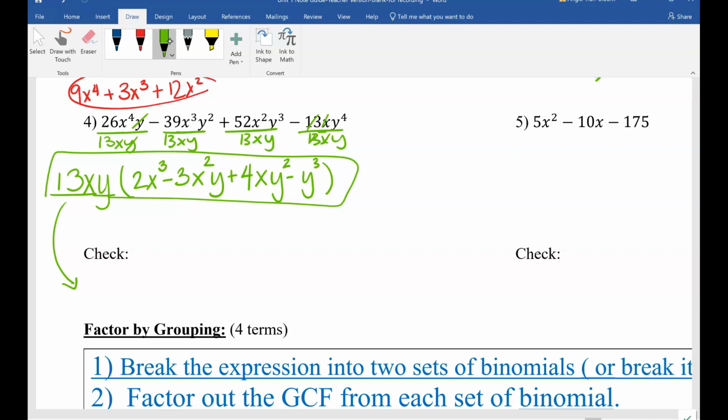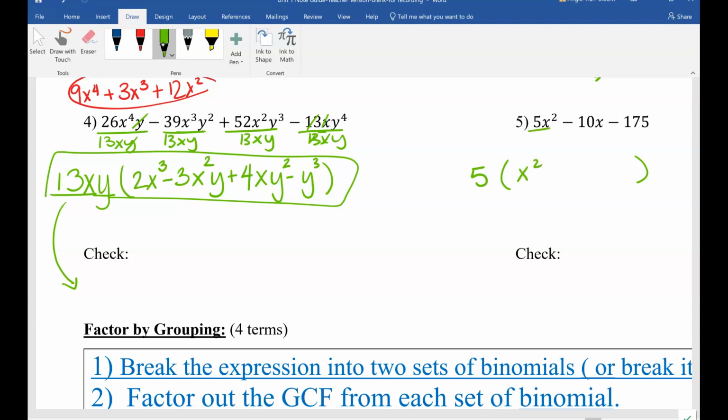Number 5, similarly, 5, 10, and 175. 175 ends with a 5, so we know it is going to be divisible by 5. So I know at least I can take out a 5. There's an x squared here, an x here, but no x here. So an x cannot be taken out. So the greatest common factor for 5x squared minus 10x minus 175 is a 5.